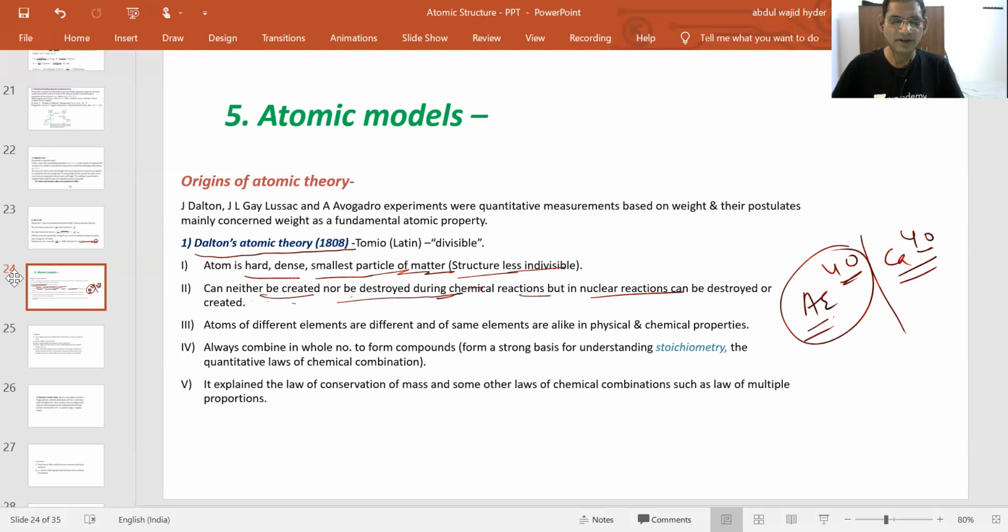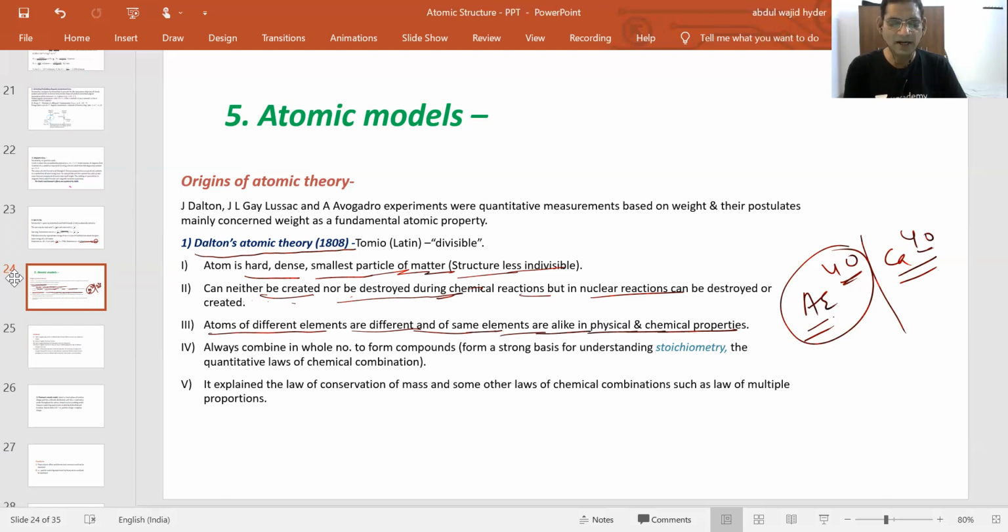So atoms of different elements are different and atoms of the same element are alike in physical and chemical bonding.